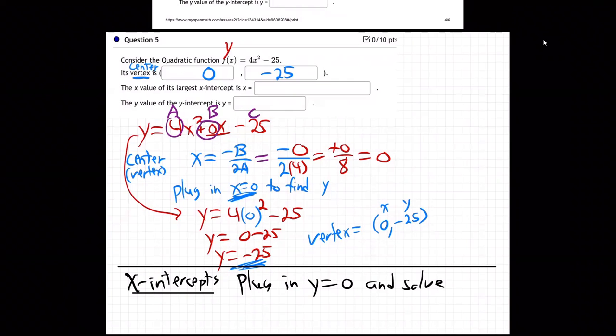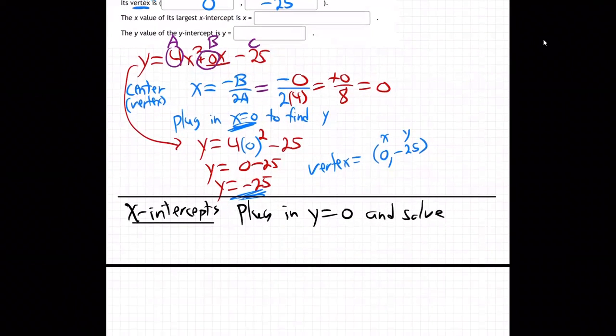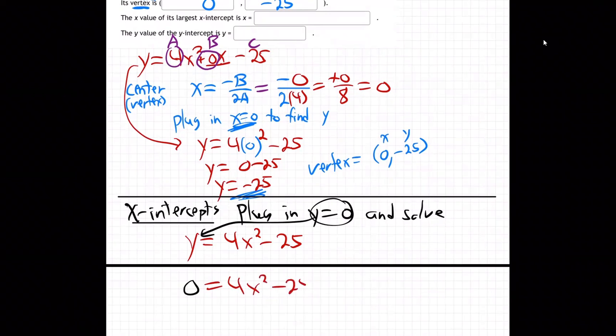So here we go. I'm going to take the equation, which they've given me, which is y equals 4x squared minus 25. And I'm going to grab that 0 and put it right on the left side for y. Plugging in y is 0 there.